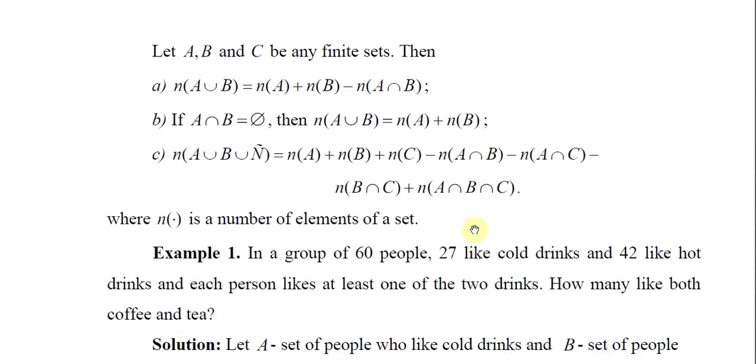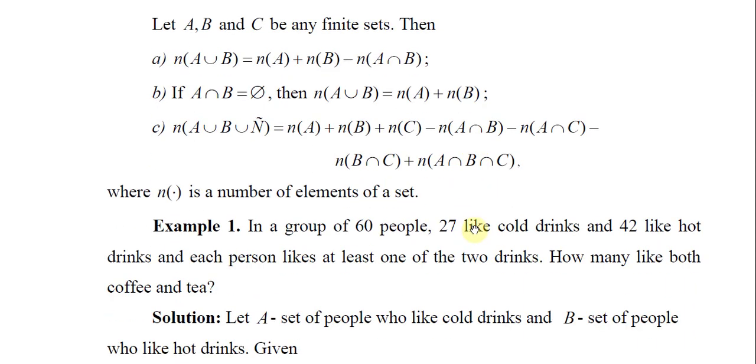Okay, now let A, B, and C be any finite sets. Then n means the number of elements. These are properties of these numbers.